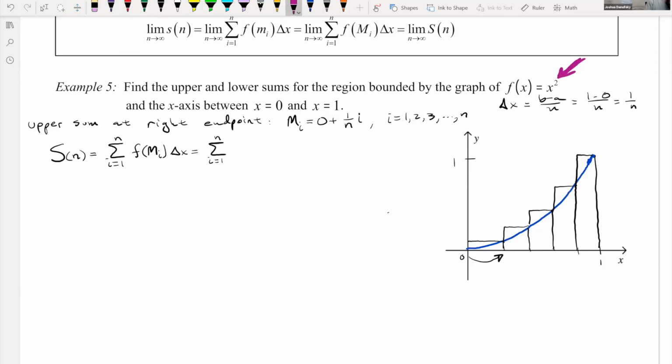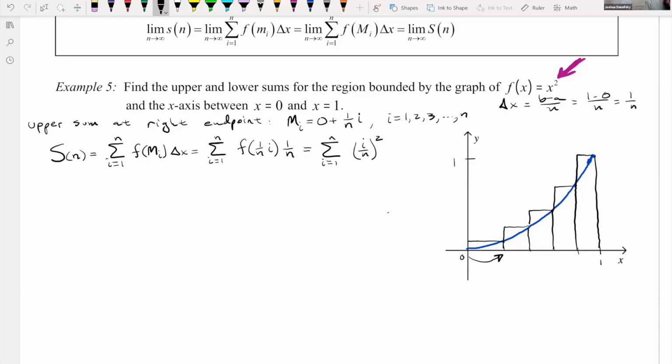So I'm going to take my capital M sub i, which is i over n, and I'm going to plug it into the function and multiply that by delta x, which is 1 over n. And so that's going to become the sum i equals 1 to n of, we're squaring, I'm just going to write it as (i over n) squared, right?